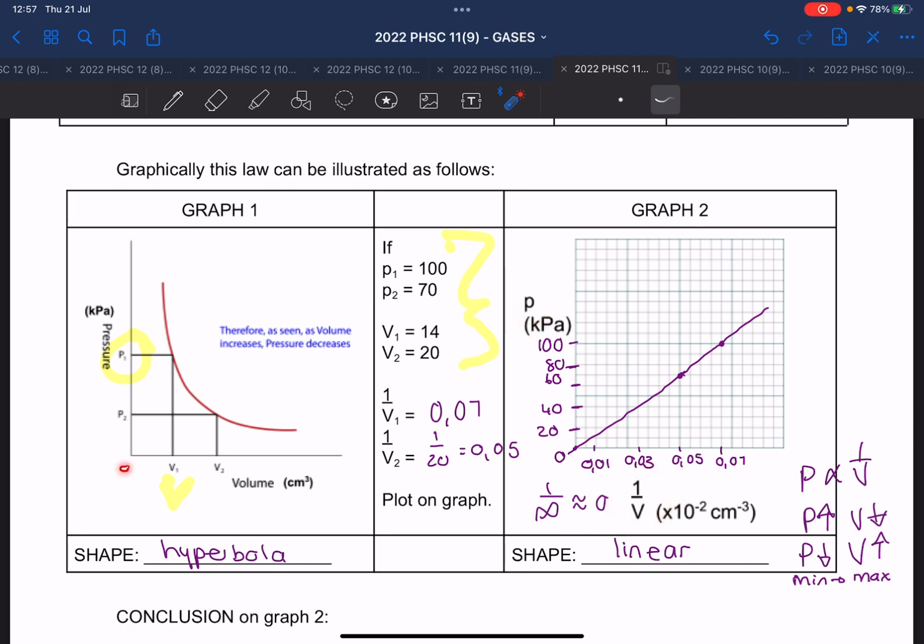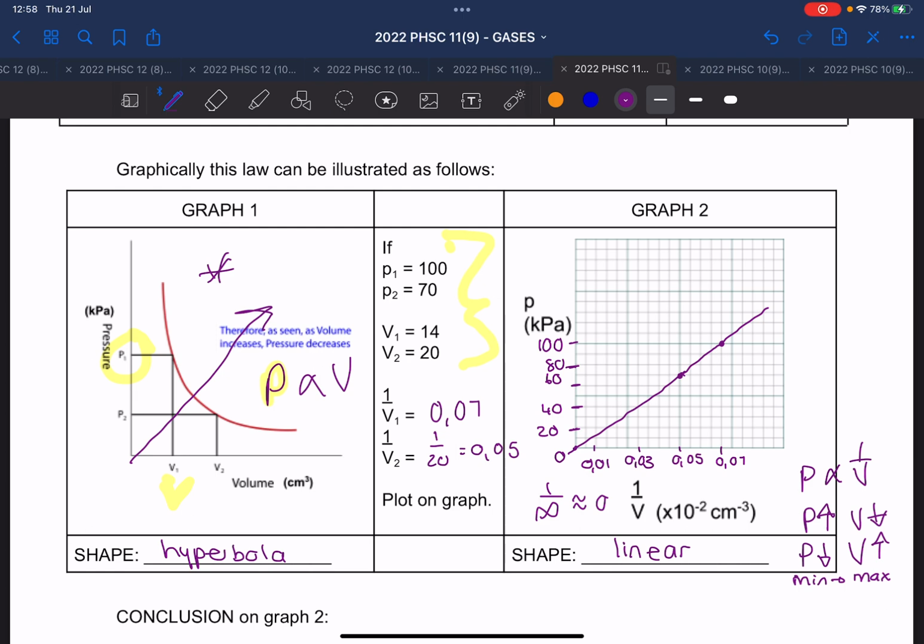If pressure and volume were directly proportional, meaning pressure goes up, so volume goes up, then this graph would have looked like this.